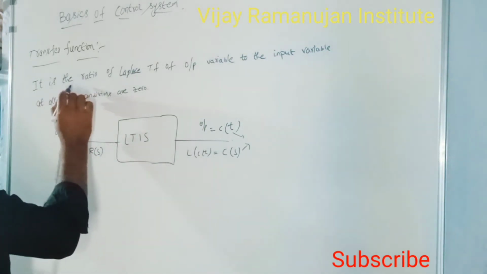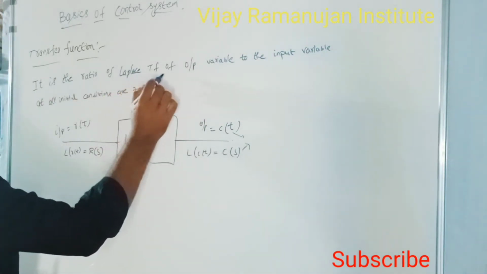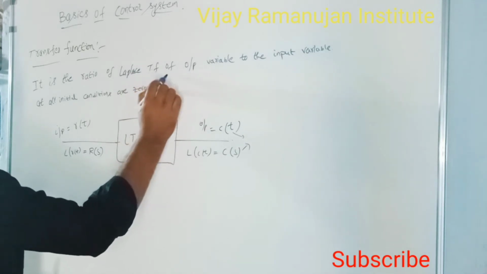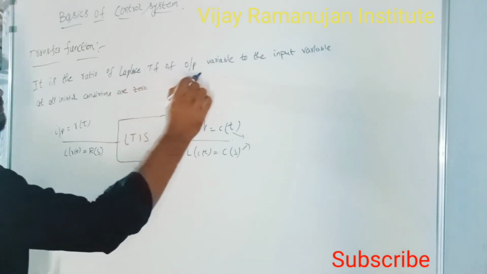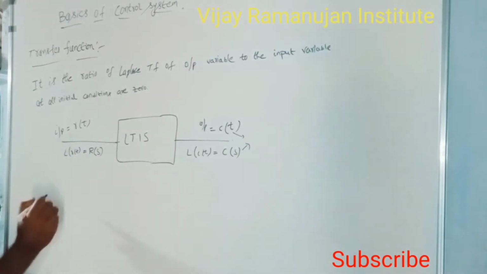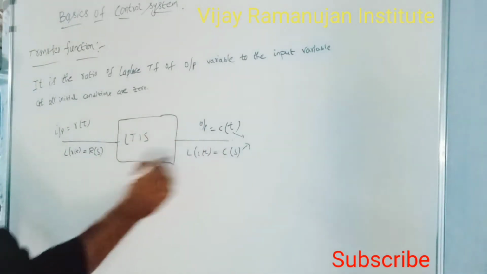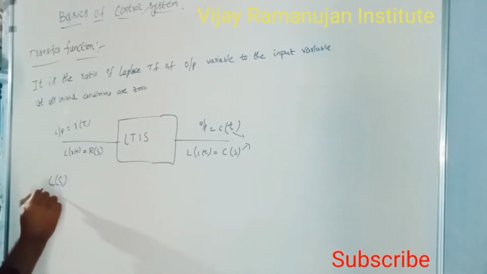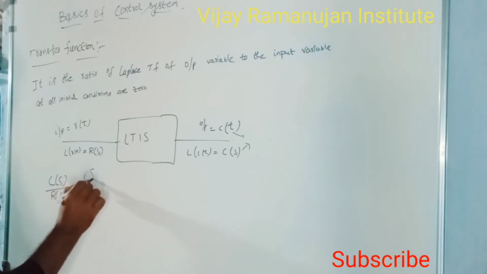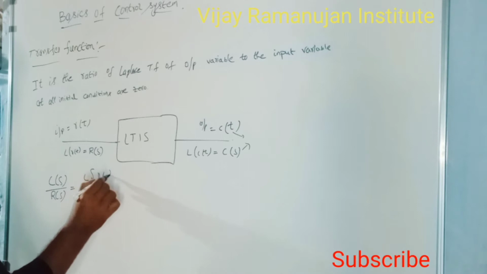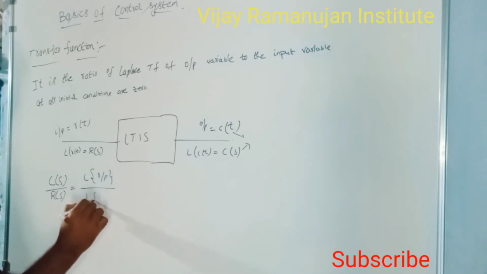Here it is the ratio of the Laplace transform of the output variable to the input variable. So output C(s) divided by R(s): Laplace transform of output by Laplace transform of input.